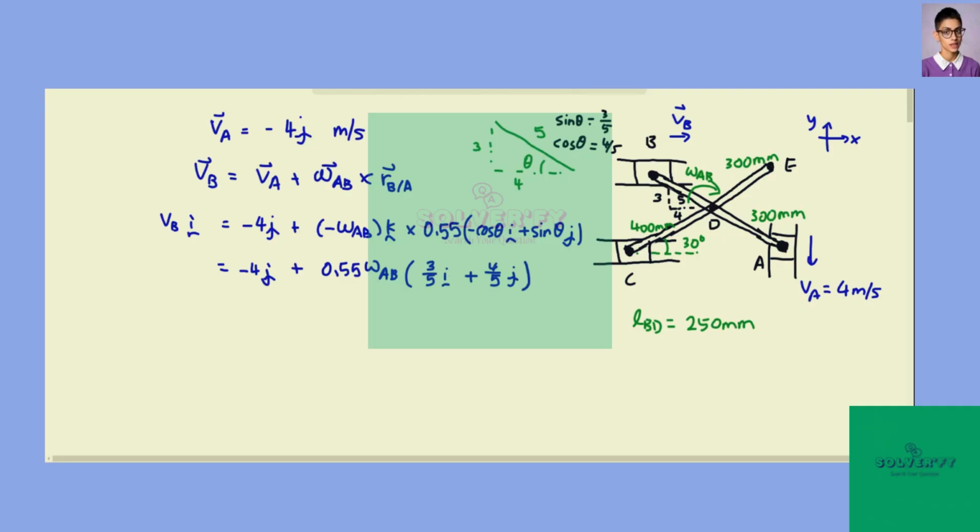Okay, so this is equal to VB i is equal to 0.33 omega AB i plus 0.44 omega AB j minus 4j. Okay, so we compare components.